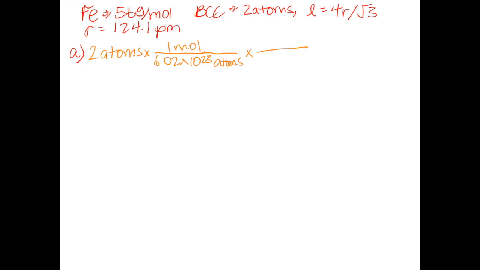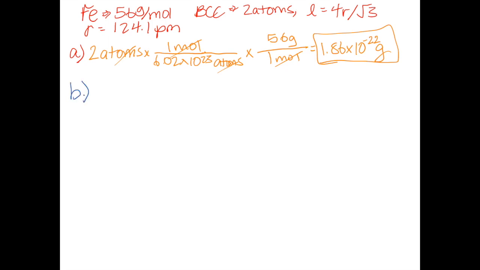Now we have to go from moles to grams, so we know how to do this. We just use the molar mass. Moles cancels, atoms cancels, and we get some really, really small mass, because right now this is the mass of 2 iron atoms. Okay, we got it. There it is.